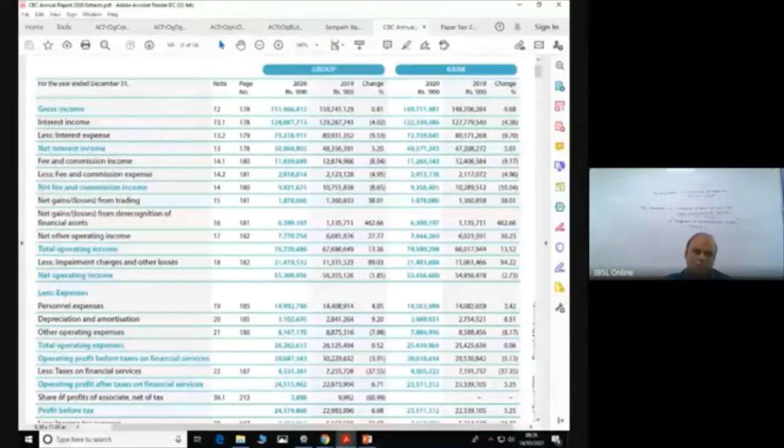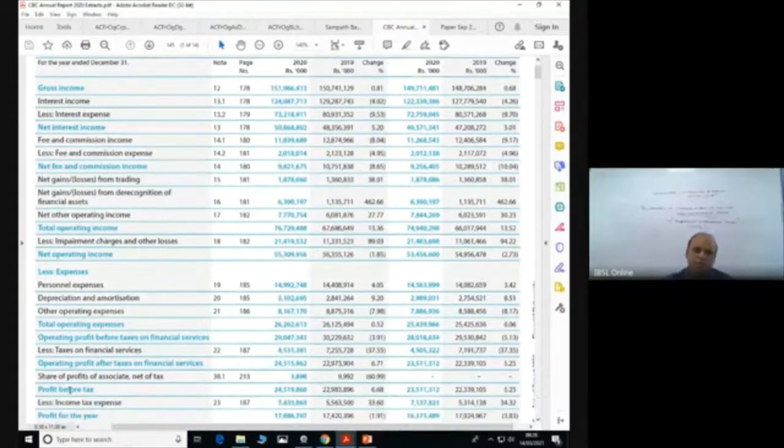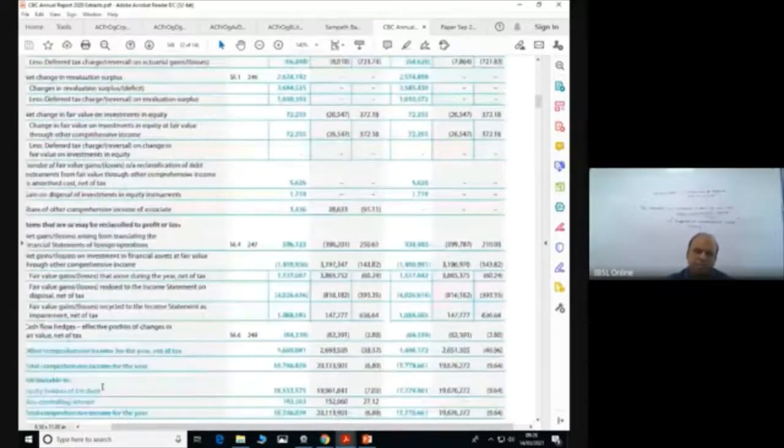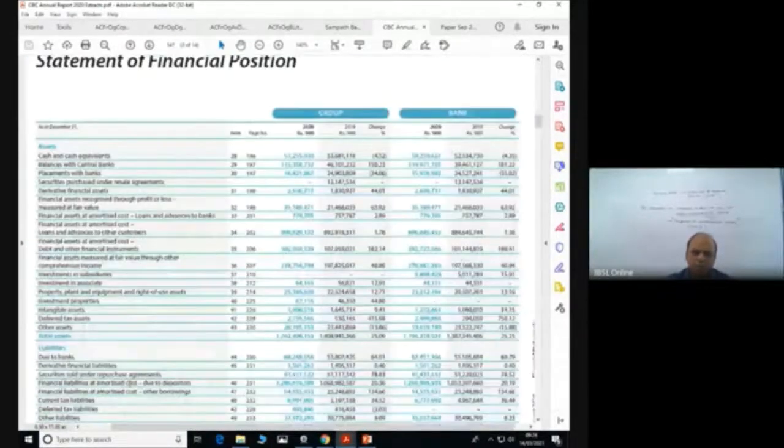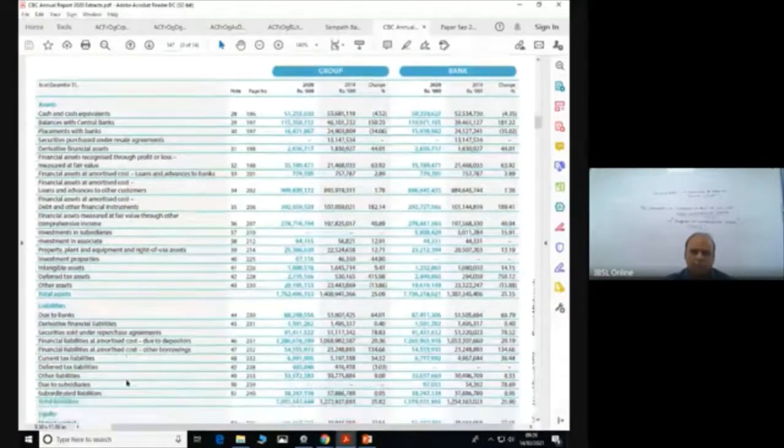So this structure is very, very important. This is the same thing that you are going to apply in your examination also, because you will be preparing a financial statement of a bank, which is somewhat similar to this, and that will have these items on the face. So this is what you have to present again in the examination also.